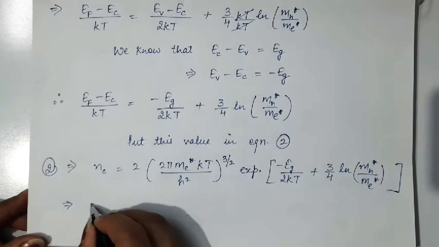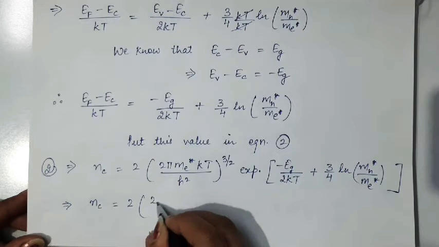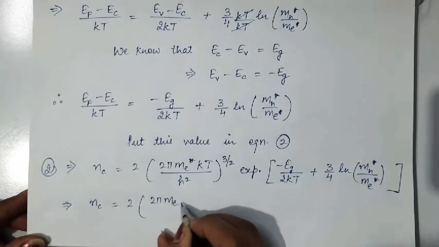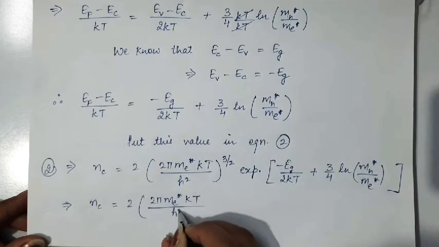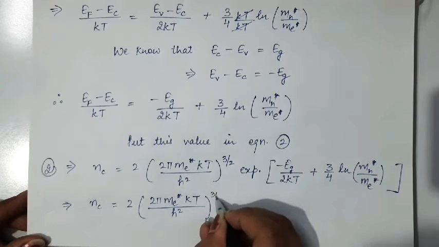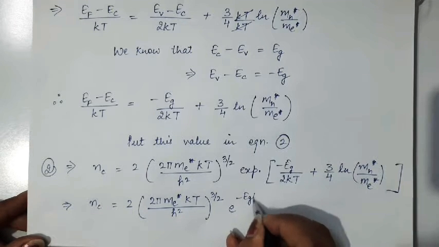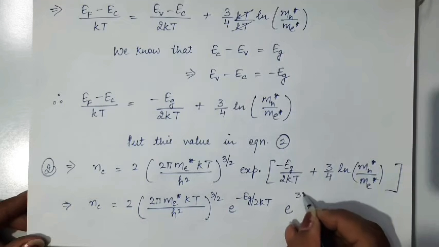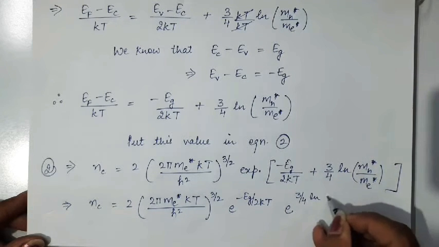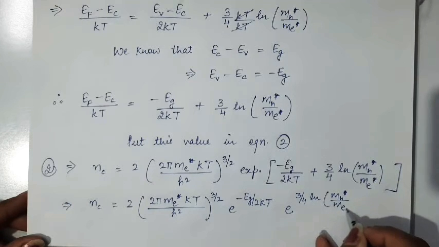So Nc becomes equal to 2 into (2 pi me star kT upon h square) raised to power 3 by 2, e raised to power minus Eg by 2kT, e raised to power 3 by 4 natural log mh star upon me star.